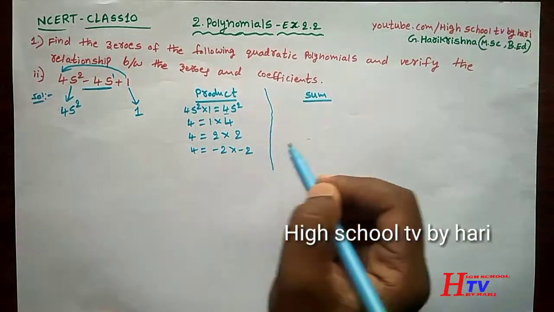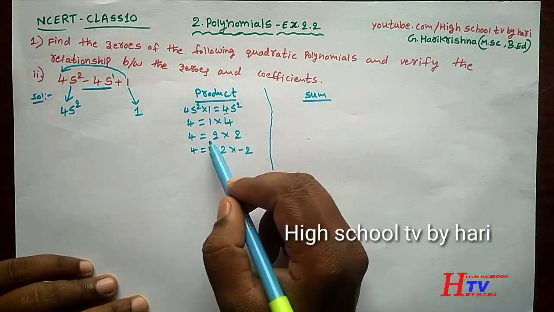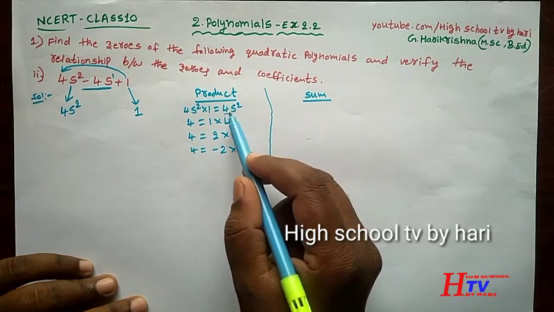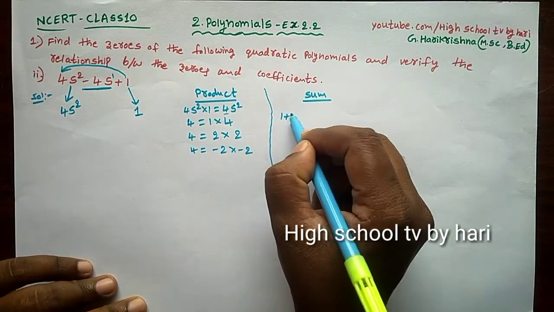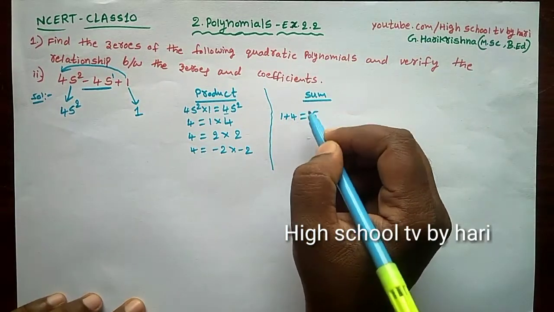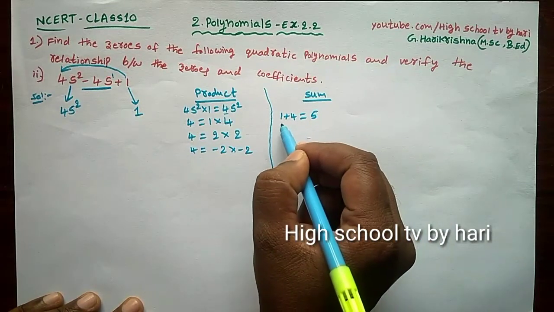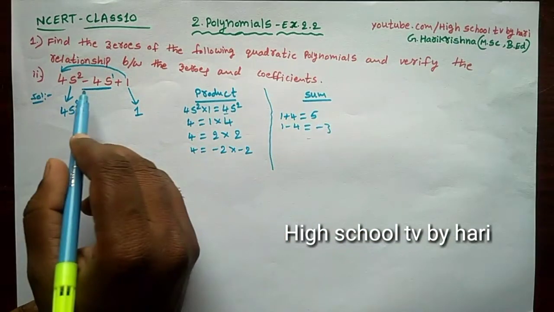So here we got factors 1 into 4, 2 into 2, minus 2 into minus 2. We get the same 4. Now the sum. Take these factors. 1 plus 4 is 5. We are not getting the middle term minus 4. If you take 1 minus 4, we get minus 3. We should not take 1 minus 4 because those factors are not there in the product.